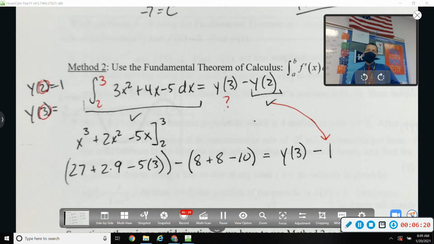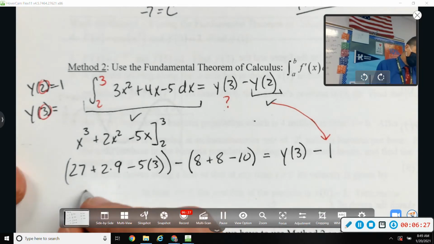So this isn't a safe stop because I don't have y of 3 by itself yet, but as soon as I move 1 to the other side, I could safe stop this thing.